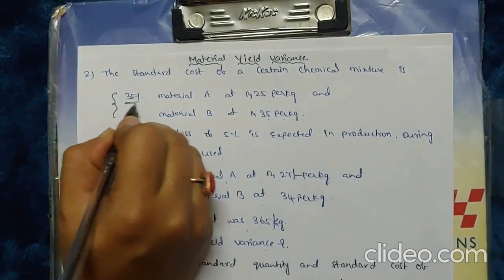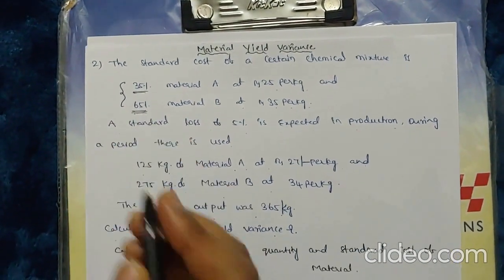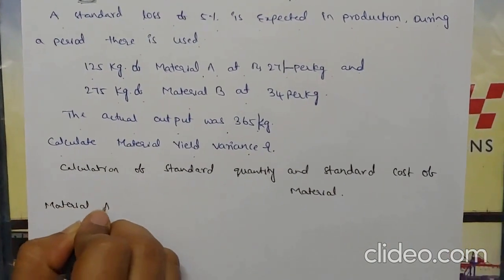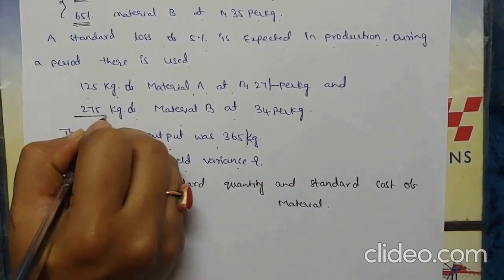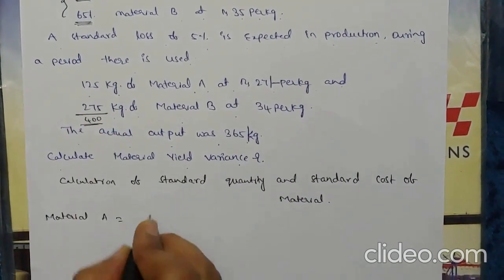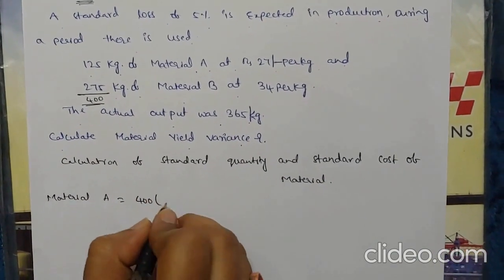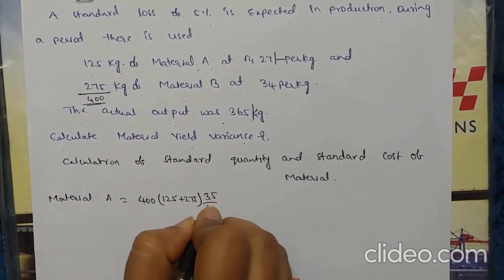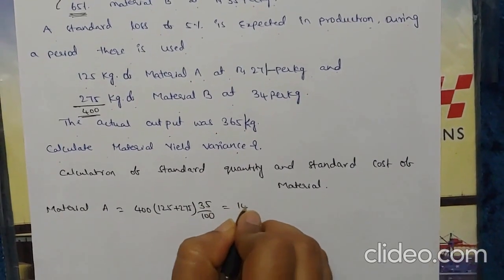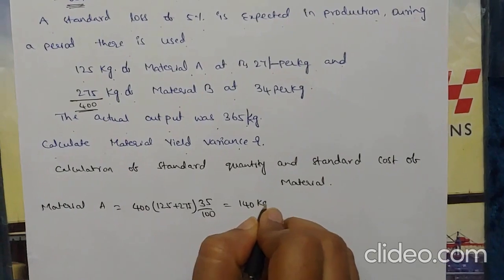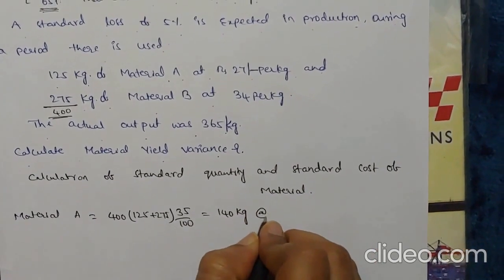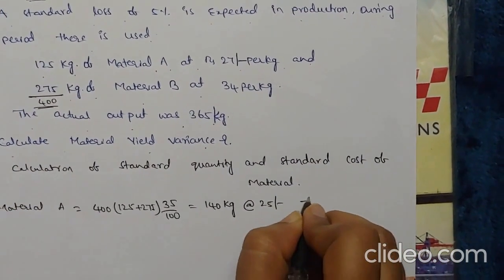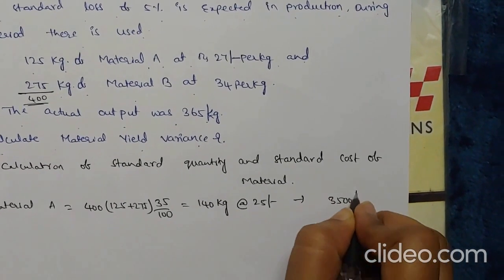Because percentages, 35% and 65%, are given, material A is equal to 400 units, 400 into 35 divided by 100 equal to 140 kgs at the rate of 25 rupees per kg. Total amount 3500.